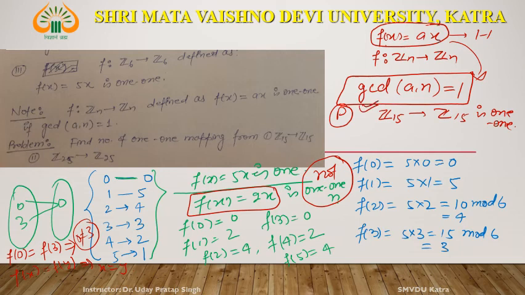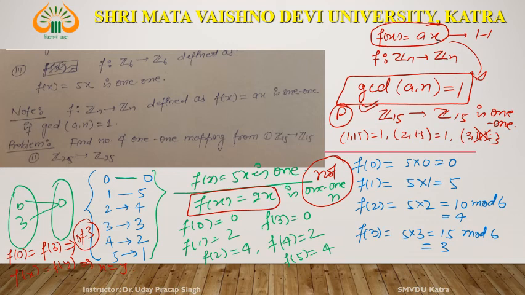The number of integers less than 15 that have GCD with 15 equal to 1. What is the GCD of 1 and 15? That is 1. What is GCD of 2 and 15? That is 1. What is GCD of 3 and 15? That is 3. This is not 1. f(x) equal to 3x is not 1-1. 4 and 15, GCD is 1.